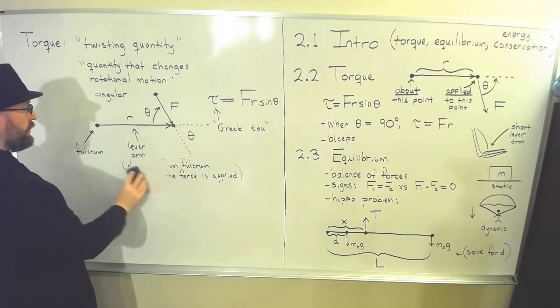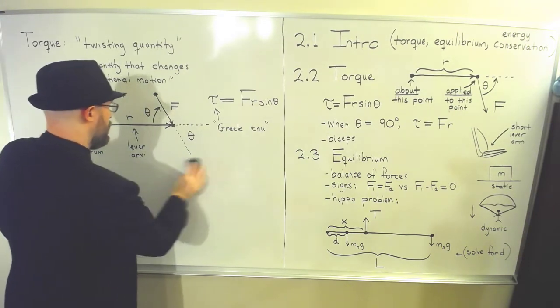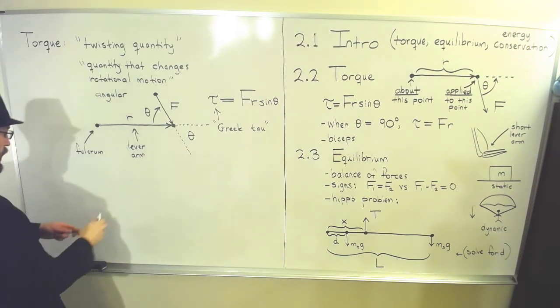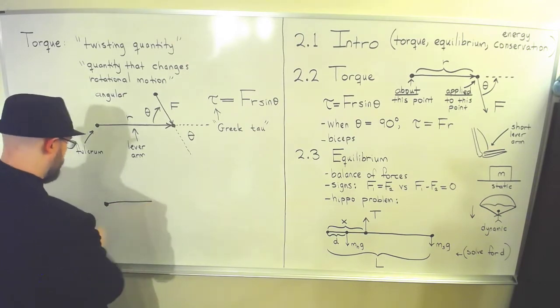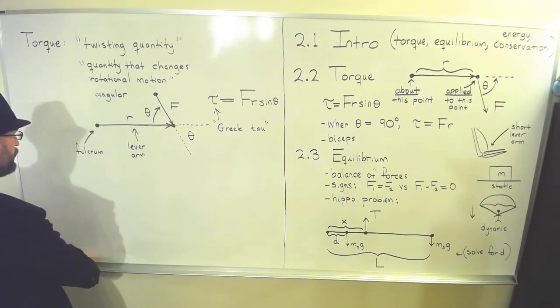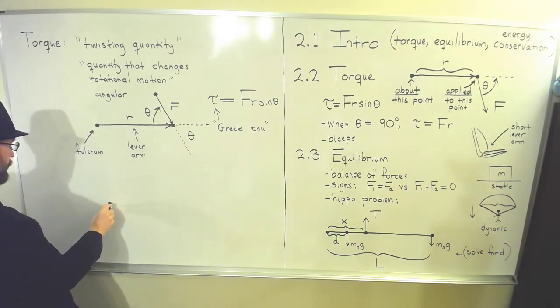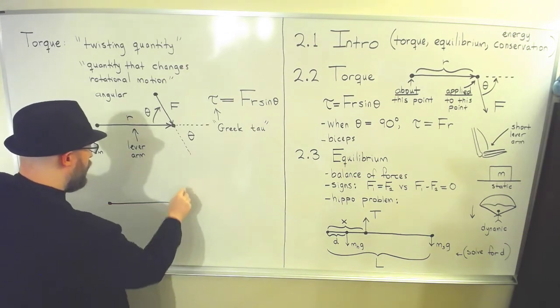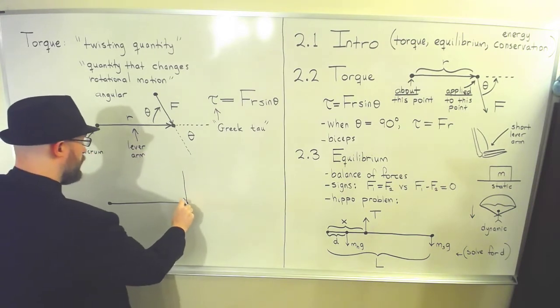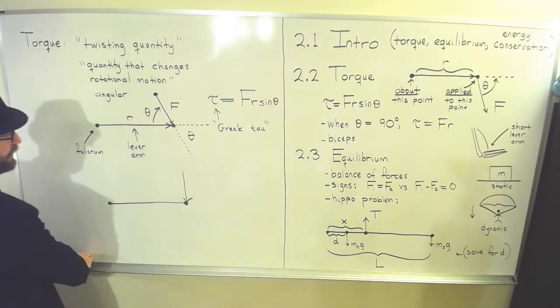Now there's a special case, and I'll just erase part of this. There's a special case which often occurs, and this is sort of a simplified case. Let me try to draw this a little bit more accurately. And this is when the force is coming straight down. That's how the book would draw it.